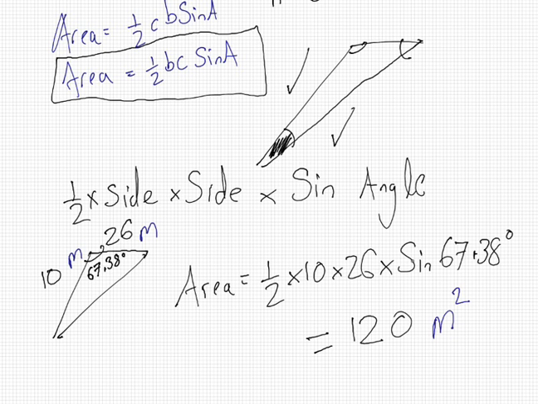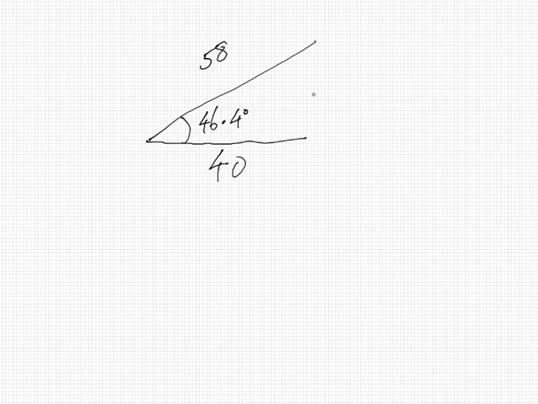Okay. The next example I'm going to do is to put the two formulas together. So this will be like 3a. Can I scroll down? Yes? Okay. So in 3a, this side is 40, and then this side is 58, and then this angle is 46.4 degrees. It says the base is C. Oh, the base.